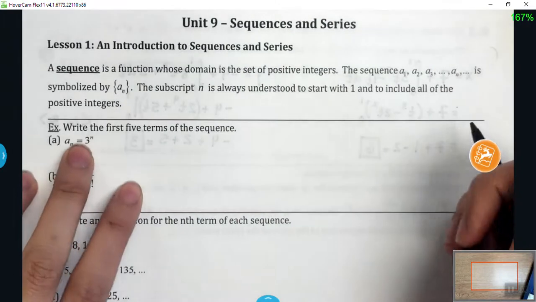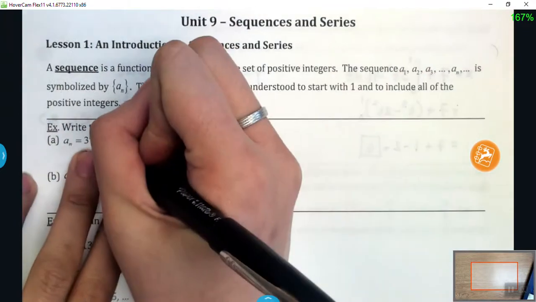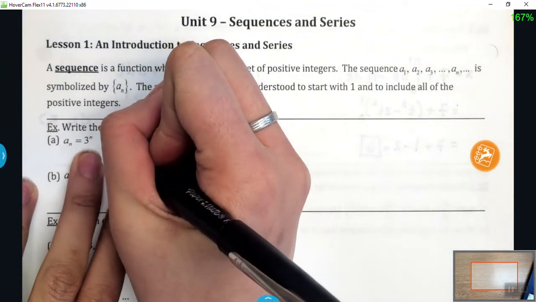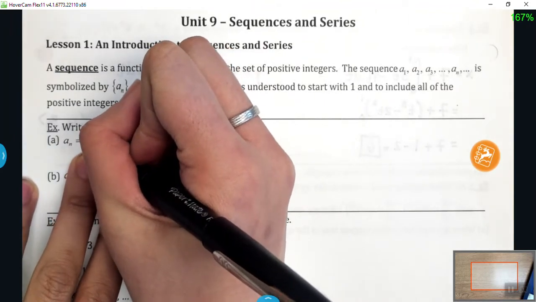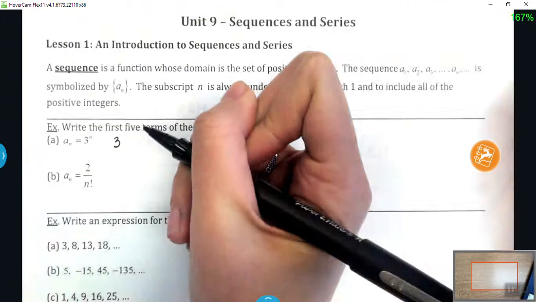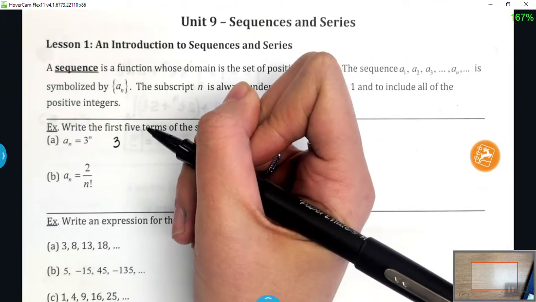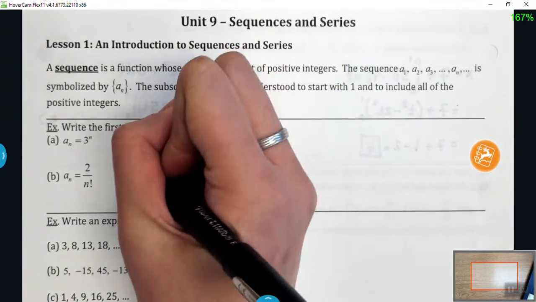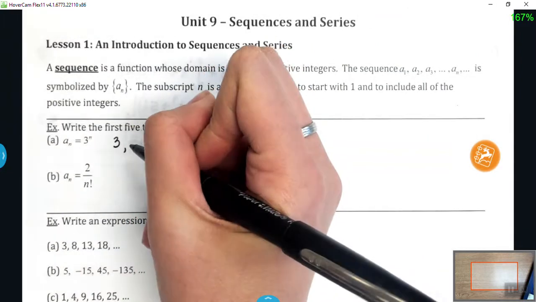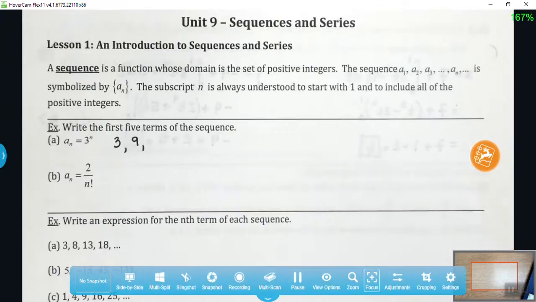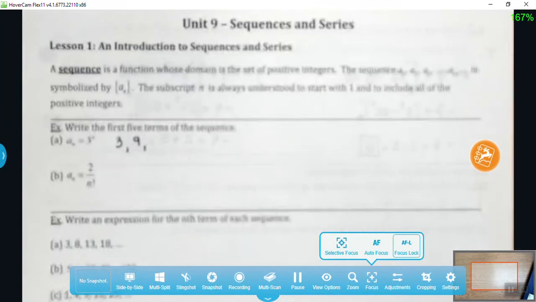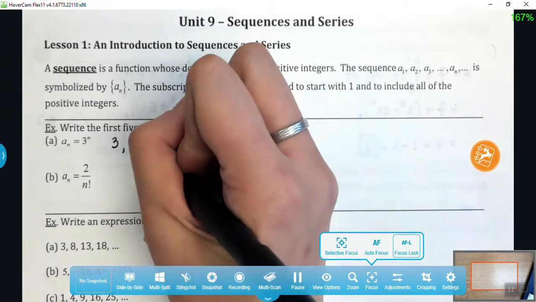A sequence is just like a set of number terms where you plug one in and you get the first term. And then you plug 2 in and you get the 9. And then you plug 3 in and you get 27.